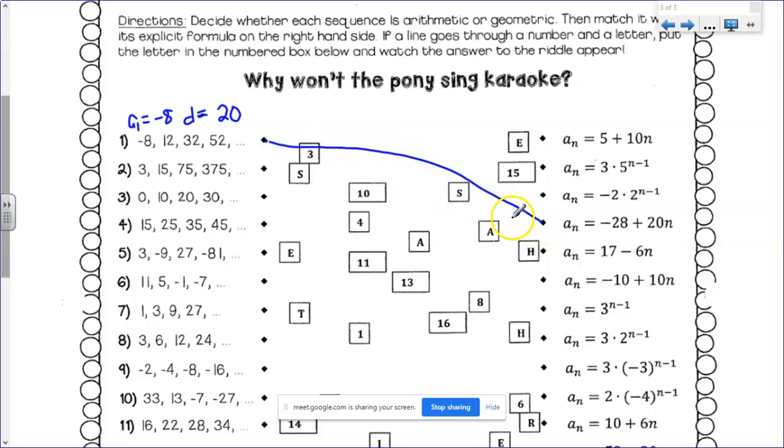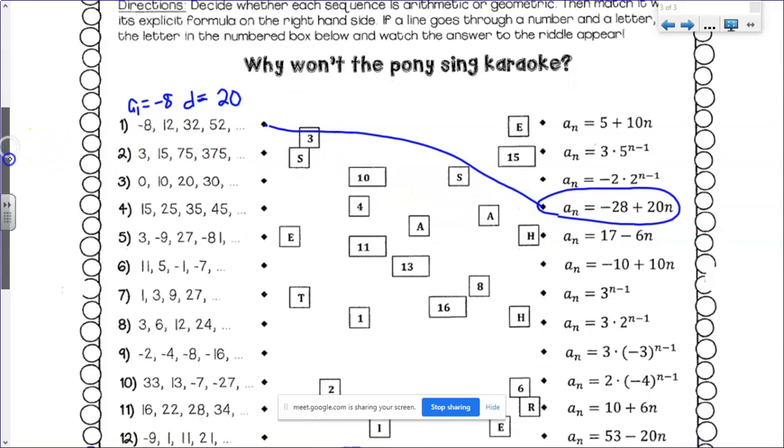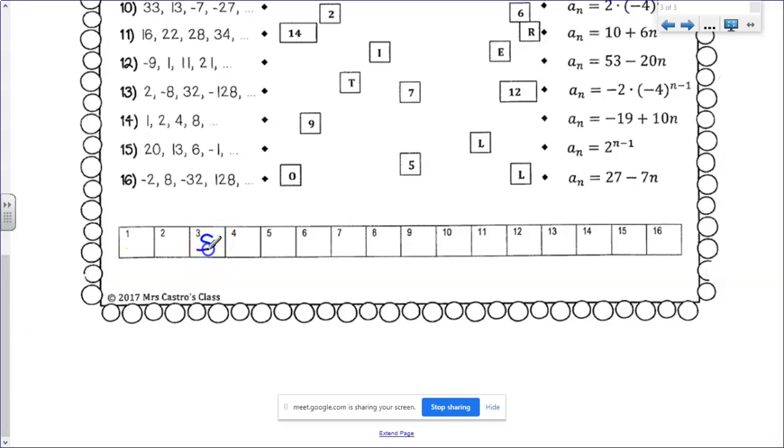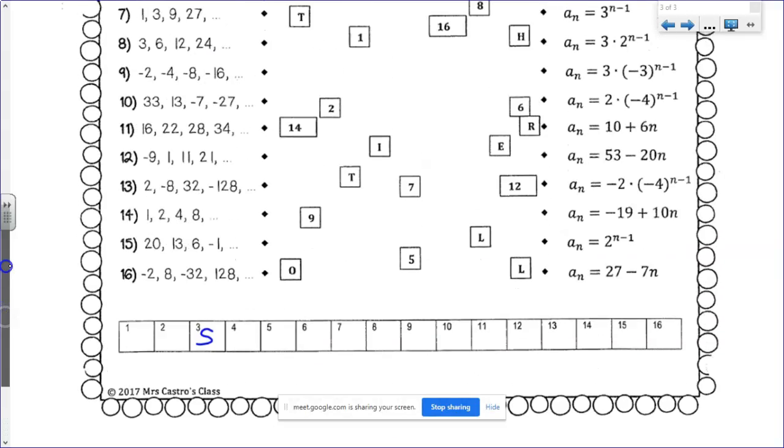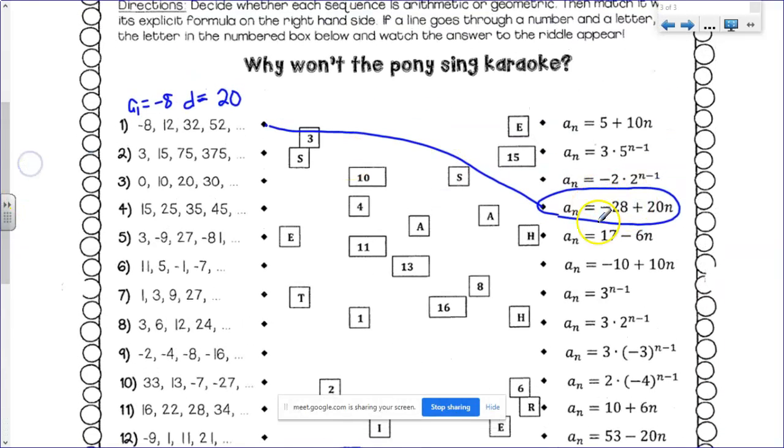Okay, so I could plug all this in, and when I do, it should go right to that one. I don't know why I jumped over to 3. So that would go here. If you fill this out, number 3 is an S, so down here you'd put an S. What's the matter? -28.